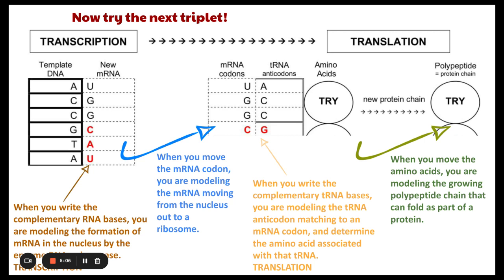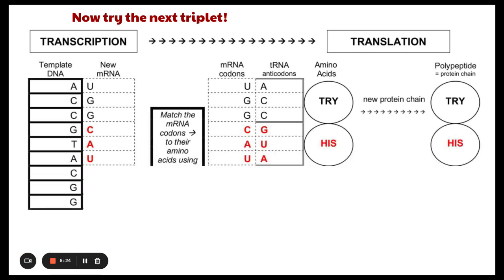Take a moment and finish that triplet across the page as needed and try to look up that amino acid. Here's the solution to that section. The amino acid is histidine. Now try the next one.